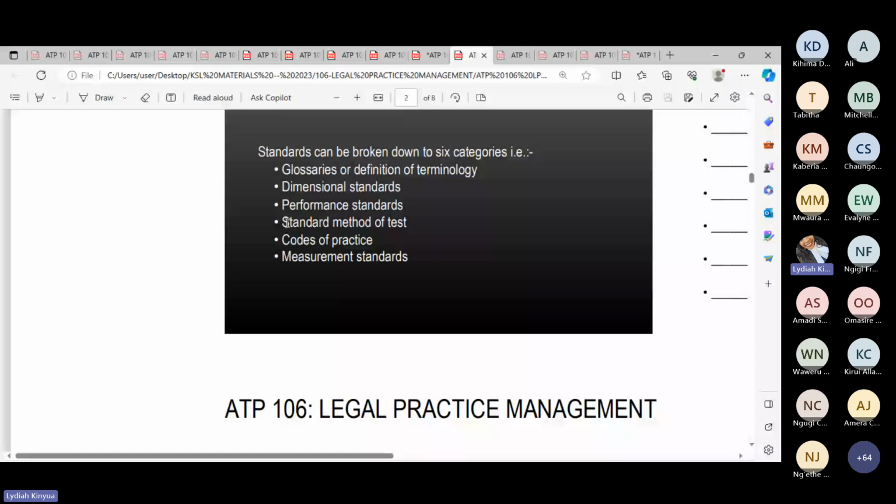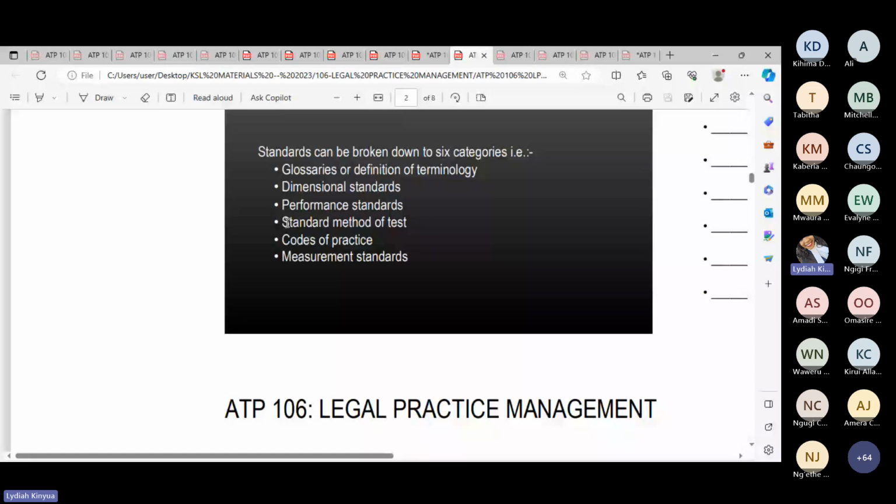They haven't even done any hearing. It can be a standard method of test, which basically means if a test is to be conducted across a particular organization, the result will be similar. So you call that a standard method of test. For example, if you conduct a test, let's say at University of Nairobi law school, we go to Kenya, we go to Moi, we go to Kenyatta, we go to Egerton, we go to Kisii, the result will be the same.